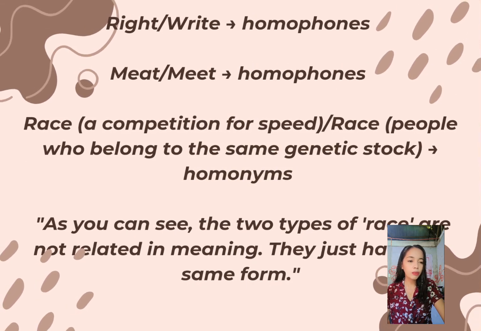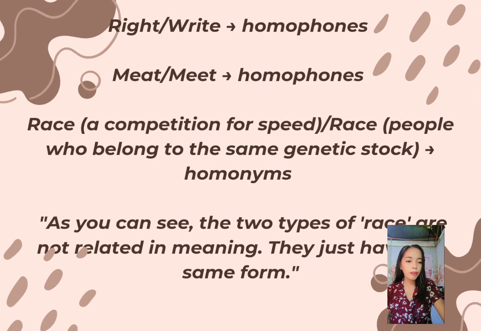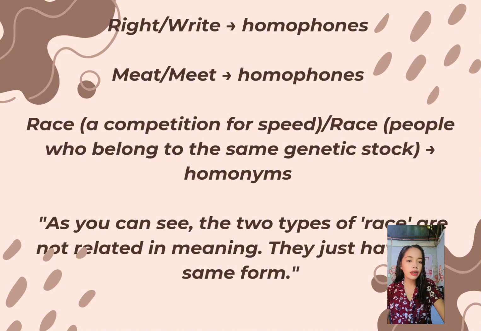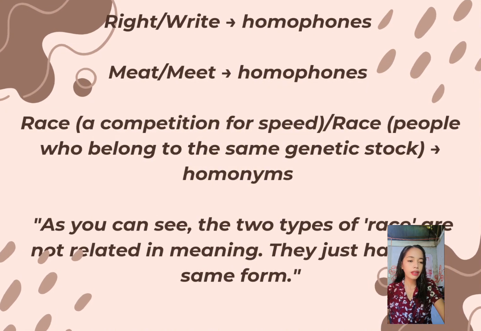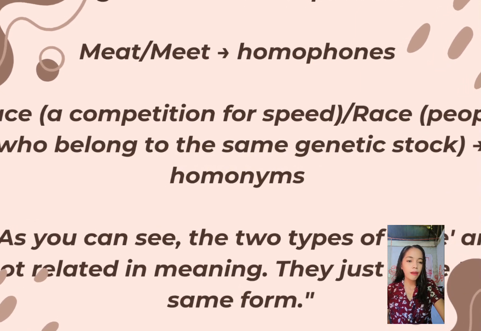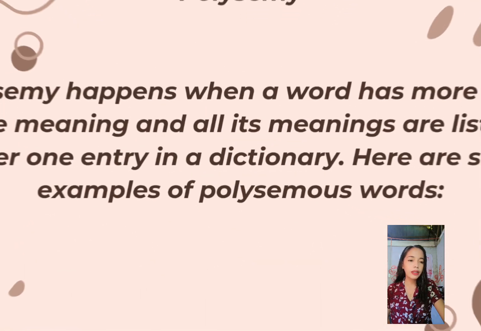Race, a competition of speed. Race, the people belonging to the same genetic stock, are homonyms. As you can see, the two types of race are not related in meaning; they just have the same form. Next is polysemy.